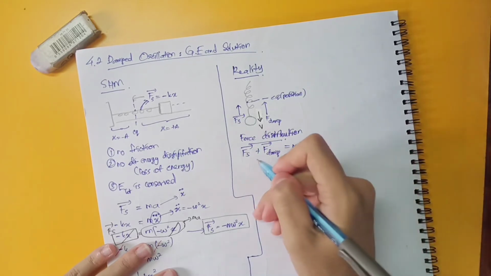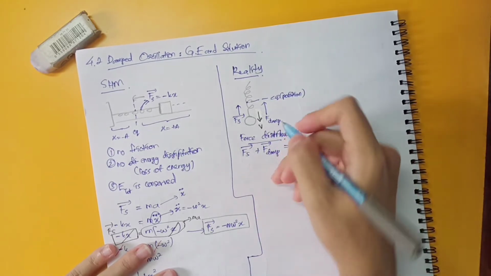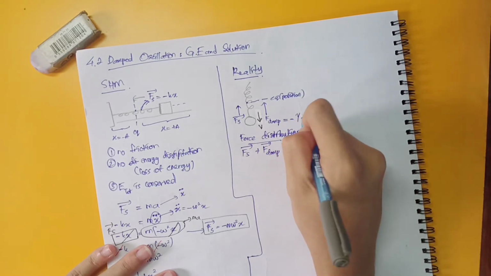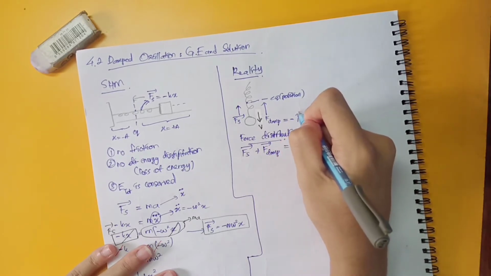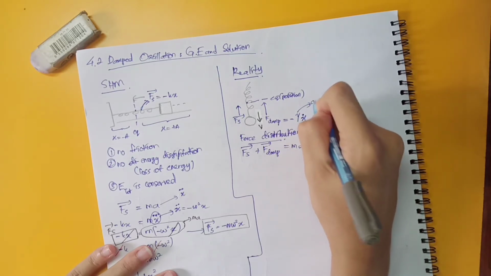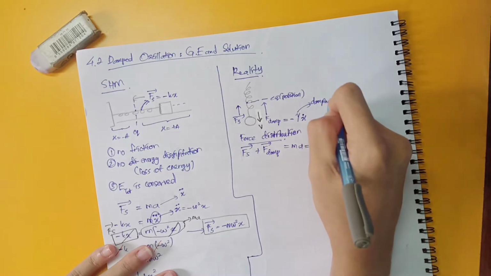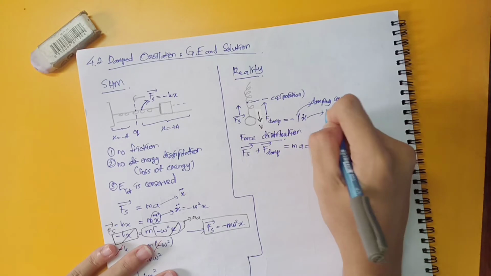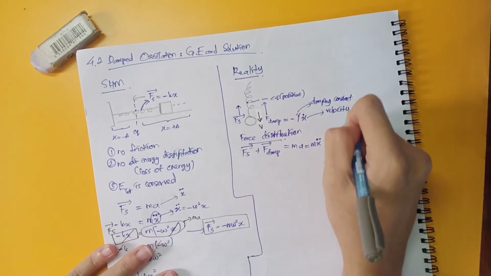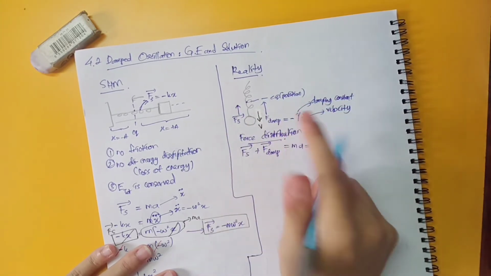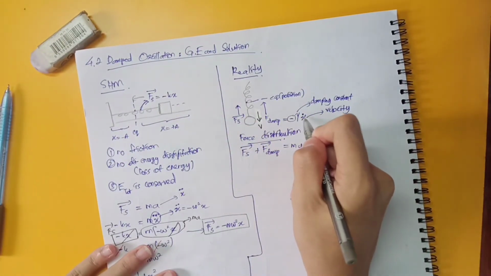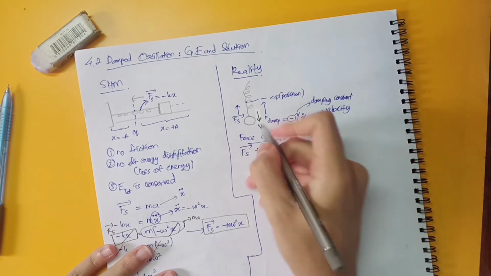Now the damping force is equal to negative gamma x dot, where gamma is the damping constant and x dot is the velocity. Notice that there is a negative sign right here, which means that this x dot is moving downward. This is x dot.